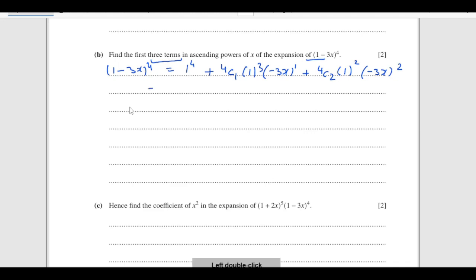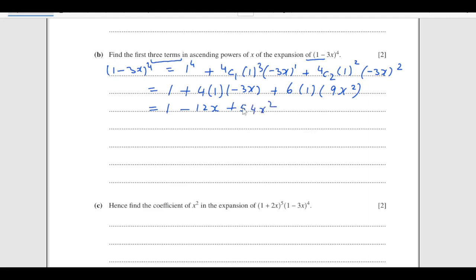When you open this, 4c1 is 4 into 1 into negative 3x, plus 4c2 is 6, and 3 times 3 is 9x squared, right. So we have 1 minus 12x plus 6 times 9, which is 54x squared. So these are the first three terms.